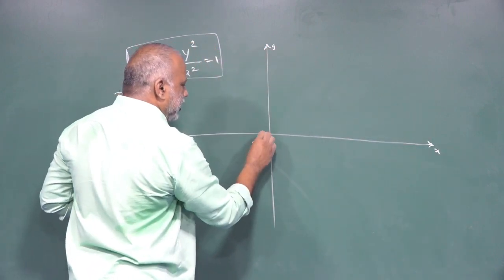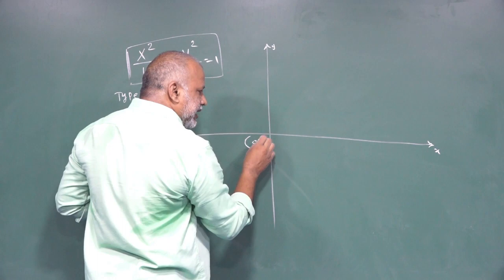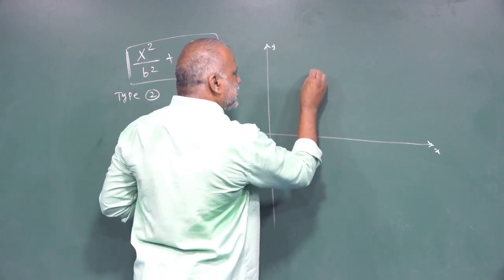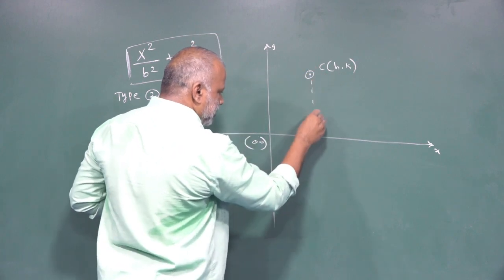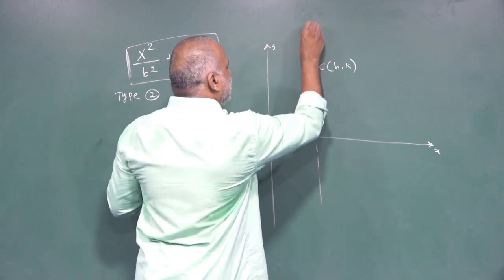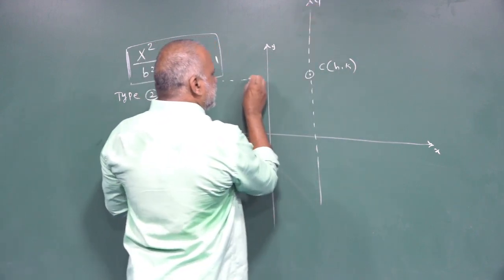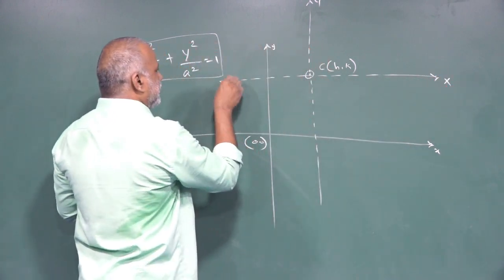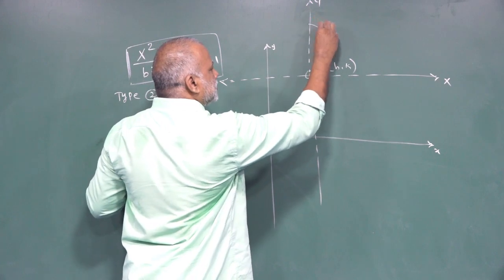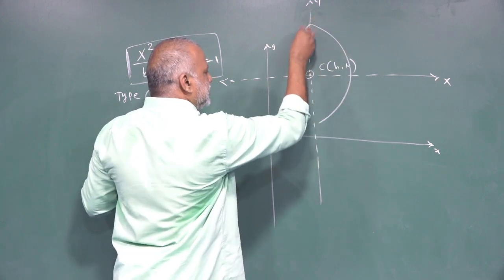Then origin. Shifting the center from 0, 0 to some other place, say here, h, k. Then draw the new axis capital X and capital Y. Now suppose the diagram is like this.